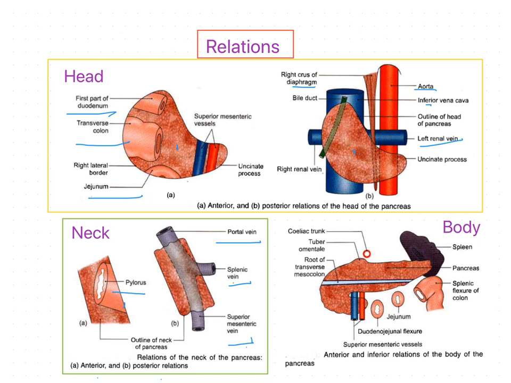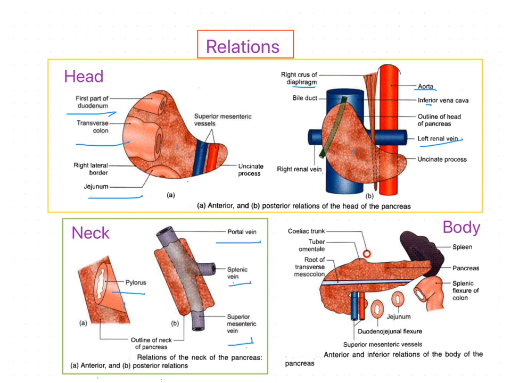Now we will see the relations on the anterior surface as well as the inferior surface of the body. The anterior surface is covered with the peritoneum and forms the stomach bed. It is related to the posterior surface of the stomach, from which it is separated by the cavity of the lesser sac. The inferior surface is also covered with peritoneum.